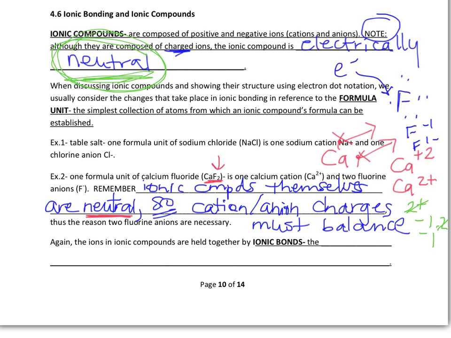Neutral, you've got to get back to that. And that will lead you to be able to write the structural formula. In this case, it was 1 calcium for every 2 fluorines, which becomes calcium fluoride.